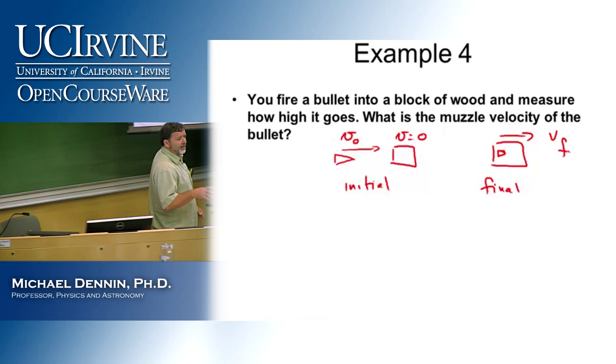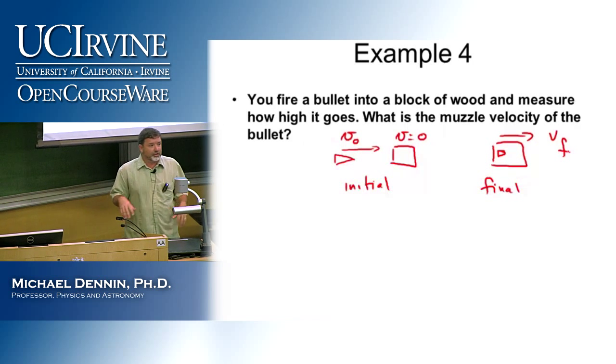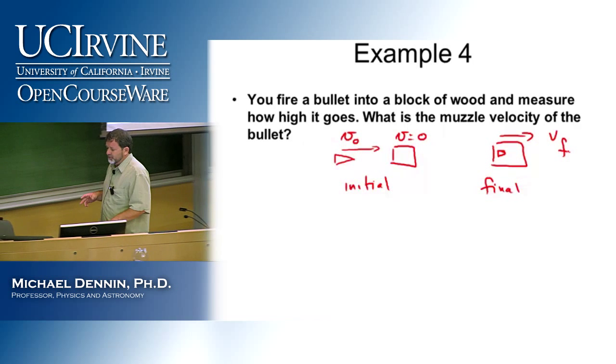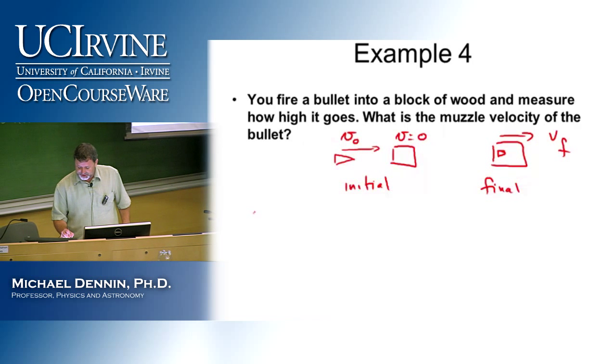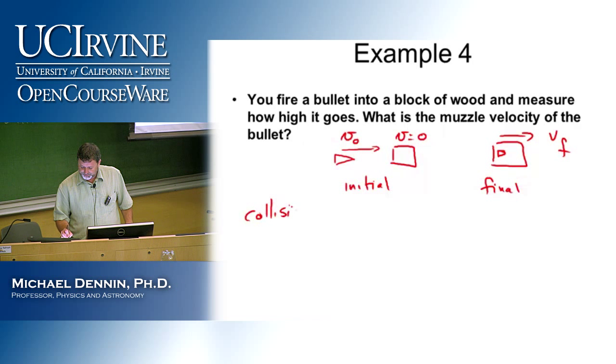When I did the problem, I apologize, I did not actually draw this picture, and I had a few questions afterwards, so I wanted to make sure we got the picture drawn. Because it's a collision, we conserved momentum.